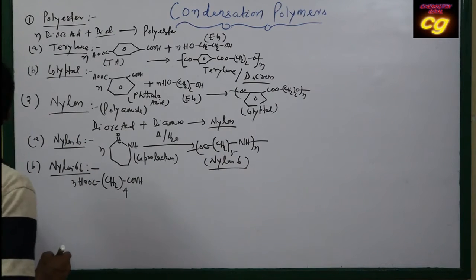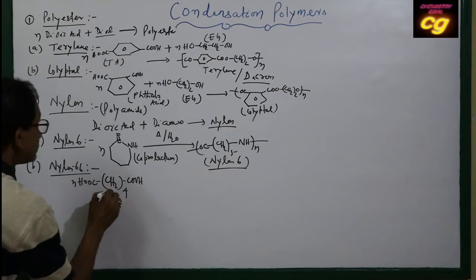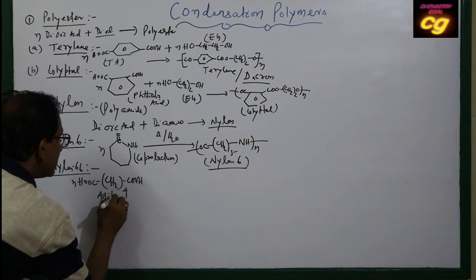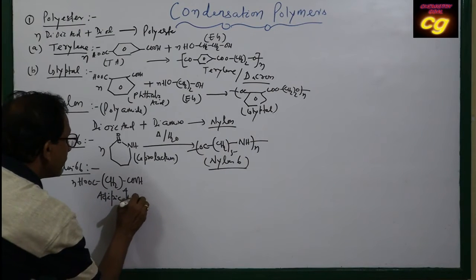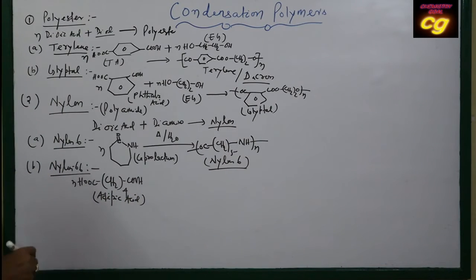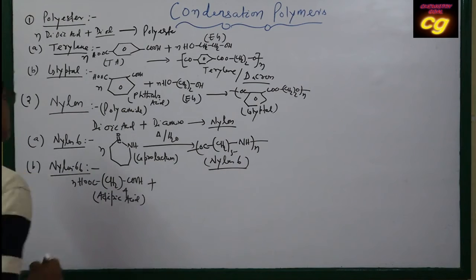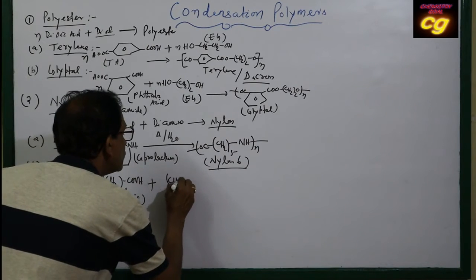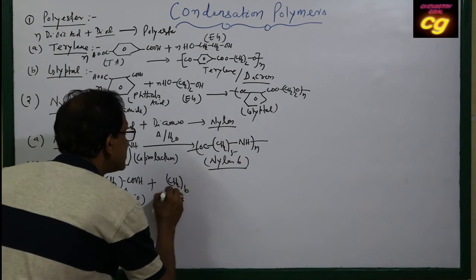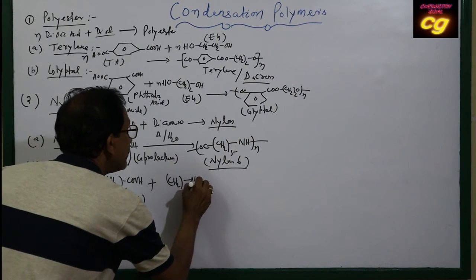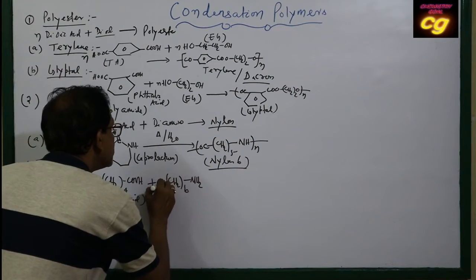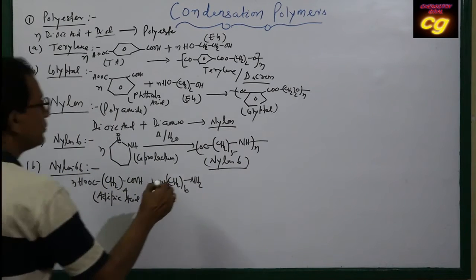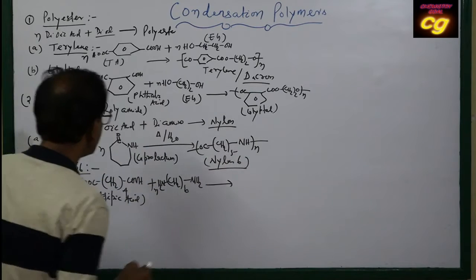This is called adipic acid. When adipic acid combines with a diamine, also (CH2) whole 6 with NH2 and NH2, and n number combine, then they produce nylon 66.